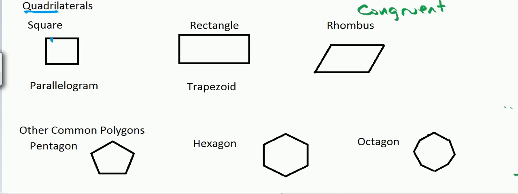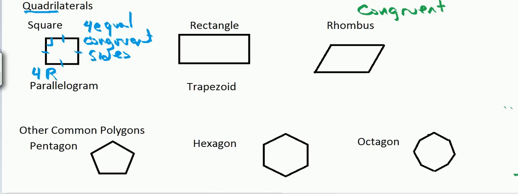And the first quadrilateral we'll talk about is the square that has four equal, or congruent, sides, and four right angles, which are equal to 90 degrees each. The congruent sides are also parallel.